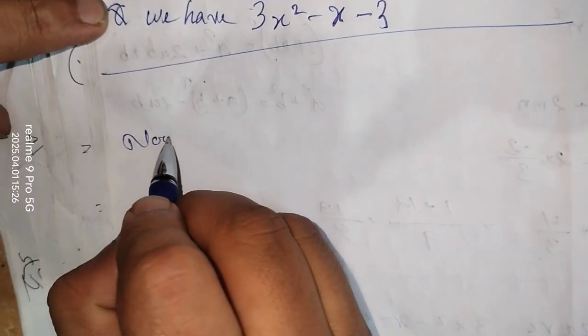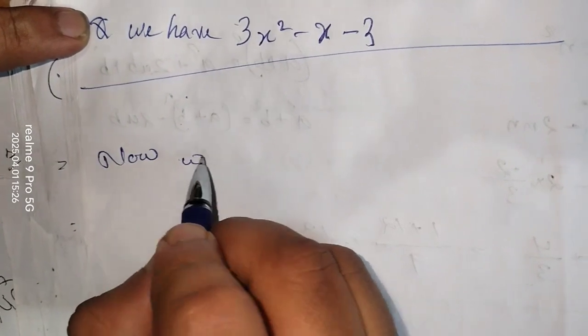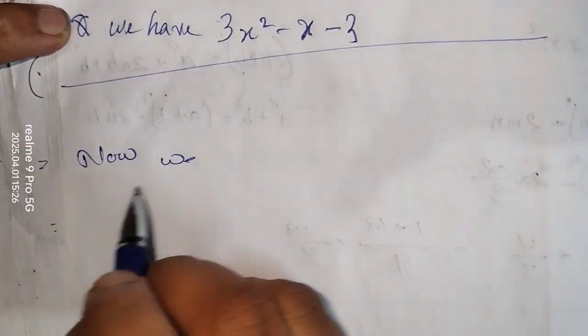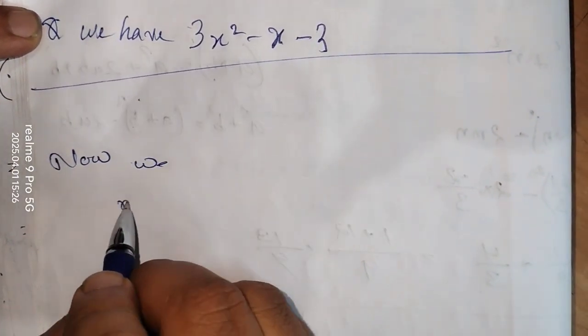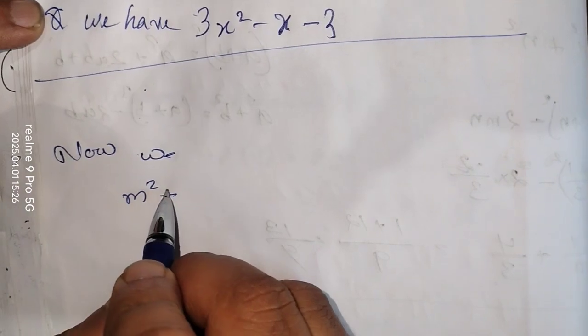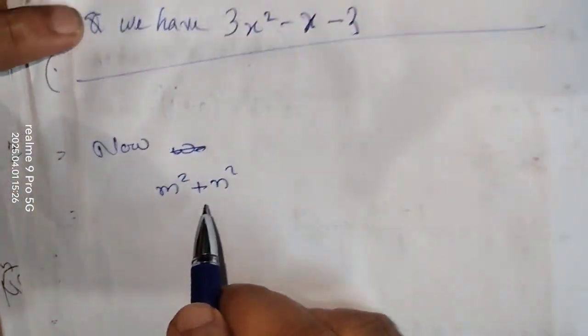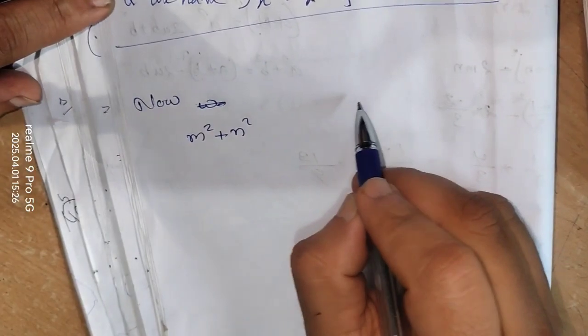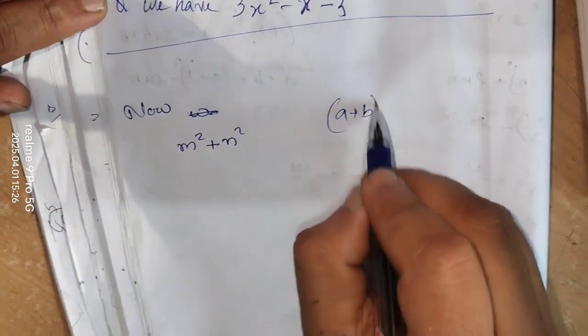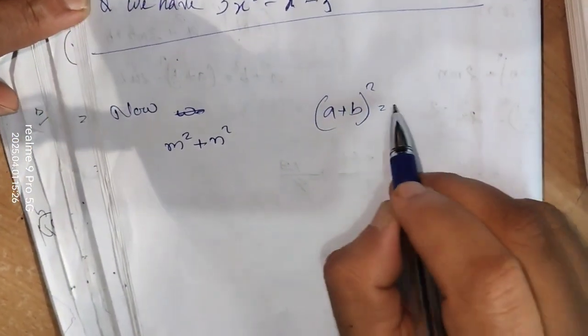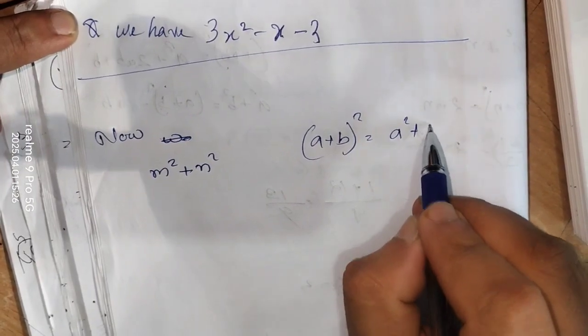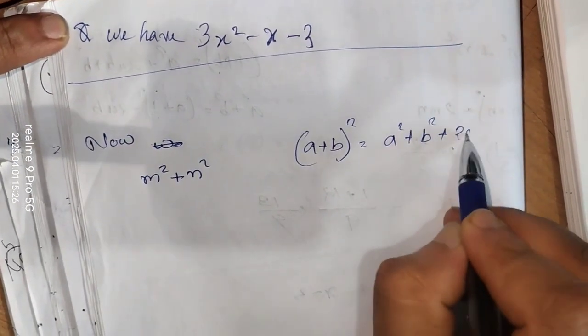And now we will find the value of m square plus n square. For finding it, we should know the formula: a plus b whole square is equal to a square plus b square plus twice ab.